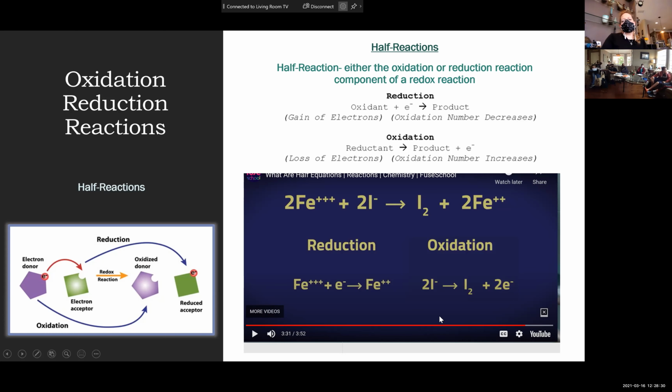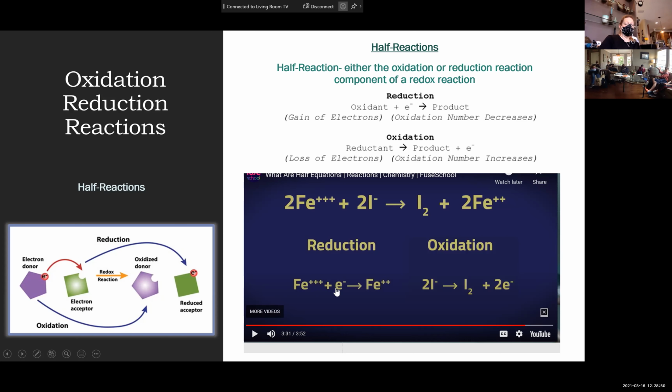So what they're doing is showing what happened here. This is what's going to happen on the other side if you were balancing. This is breaking this out, showing how it becomes that. Basically, your iron 3 plus ion, right?